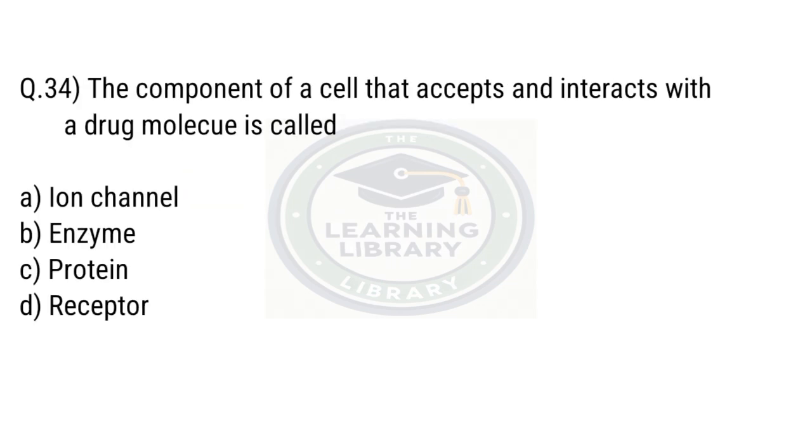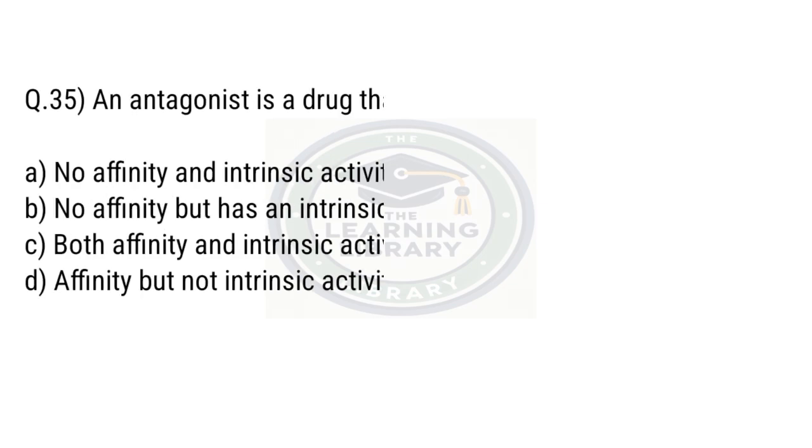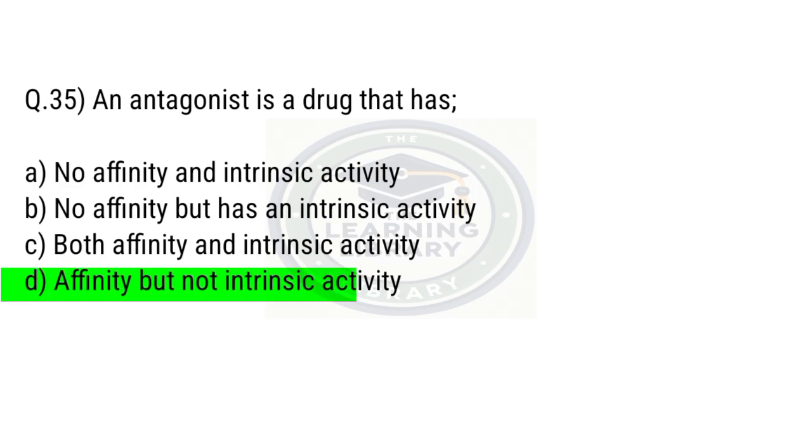Question number 34. The component of a cell that accepts and interacts with a drug molecule is called. The right answer is option D, receptor. Question number 35. An antagonist is a drug that has. The right answer is option D, affinity but not intrinsic activity.